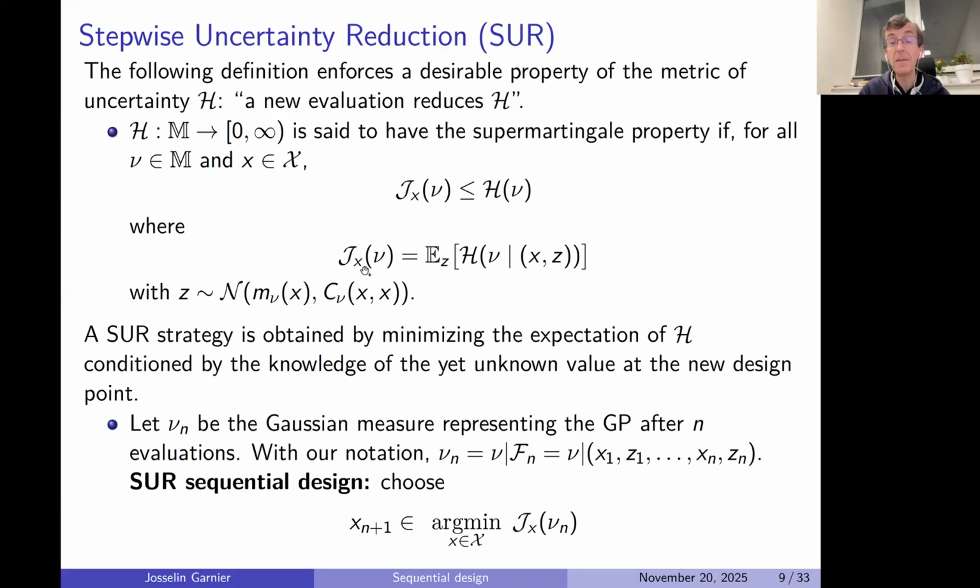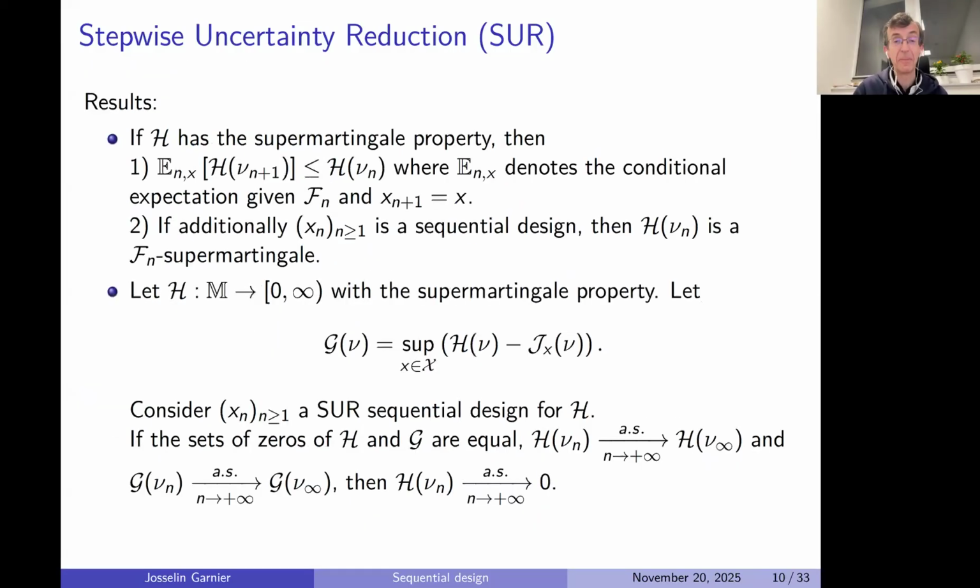What is this? It is the anticipated new metric of uncertainty of the measure nu n conditioned by I will make an observation at xn plus 1. So that's really what ensures that hopefully I will reduce very quickly the metric of uncertainty.